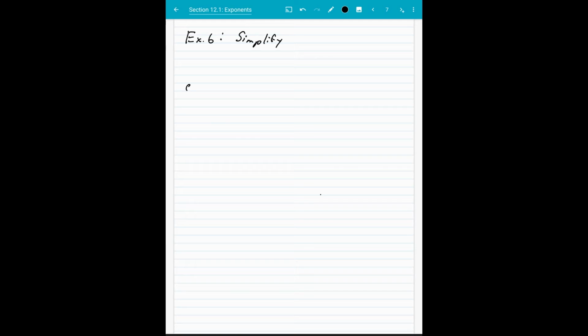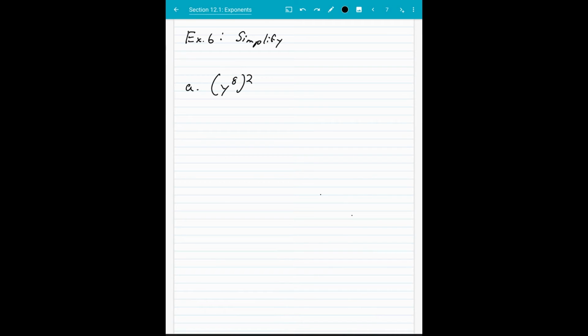This one says y to the 8th to the 2nd power. Notice the difference. These two exponents are next to each other. If they're next to each other like this, we want to think of multiplication. If you remember, whenever we have parentheses and there's numbers on both sides of the parentheses, this means to multiply.